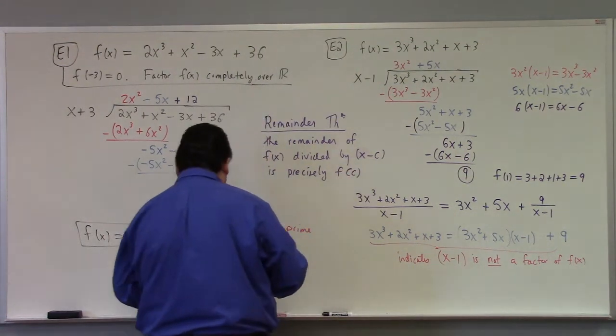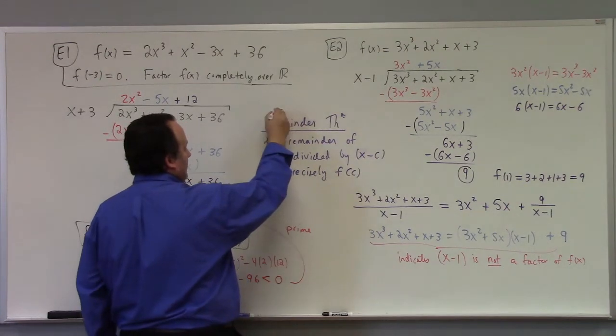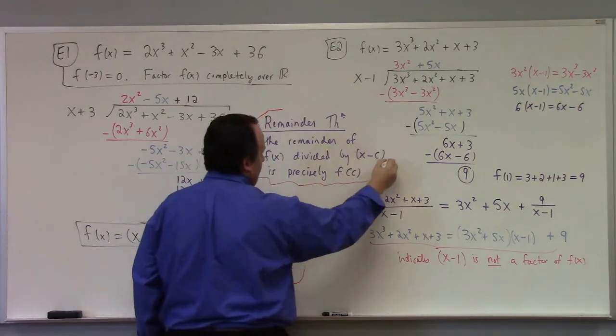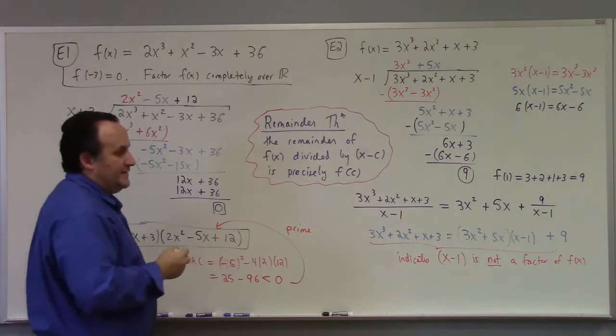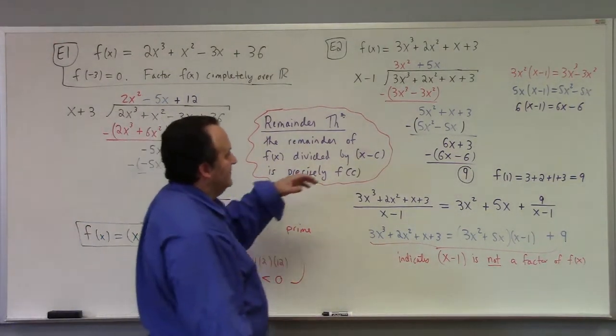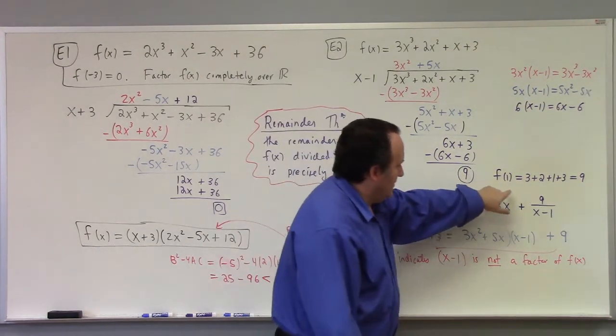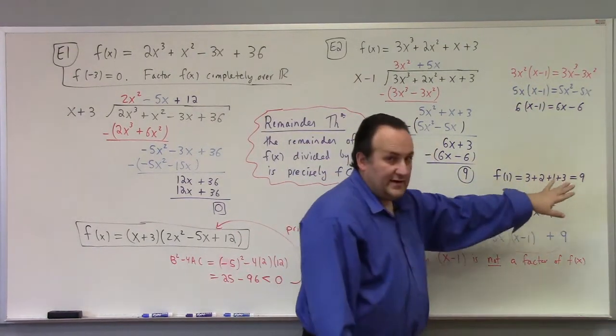So if you divide by x minus c, whatever you get as the remainder, that's f of c. And that's what happened here. We divided by x minus 1, the remainder was 9. F of 1 is equal to 9.